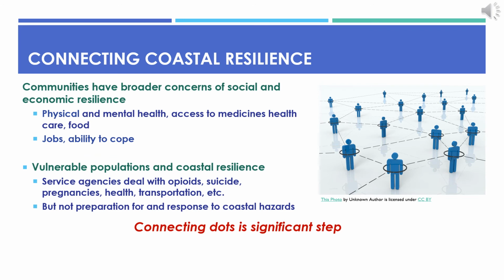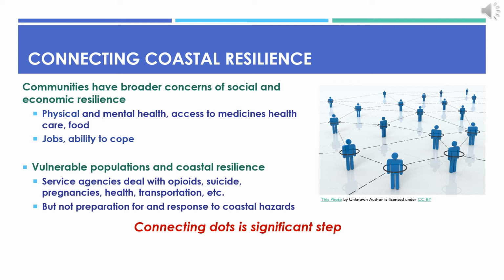Finally, our early work with RAFT communities highlighted that most communities have broader concerns of social and economic resilience, such as social and health concerns related to physical and mental health, access to care, and economic issues related to lack of jobs and lack of financial resources to cope with disruptive events.